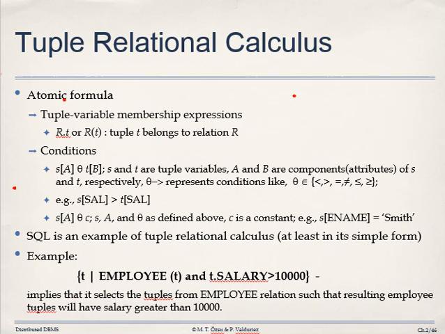First, the tuple variable membership expression, R(t) or t ∈ R: tuple t belongs to relation R. Next, the condition S.A θ T.B, where S and T are tuple variables, and A and B are the component attributes of S and T respectively, and θ represents, as we know, the comparison condition.